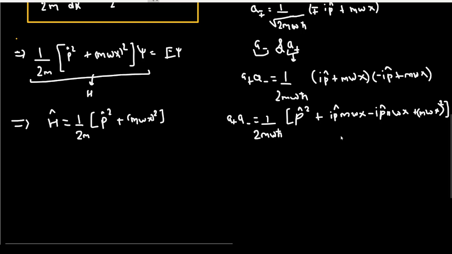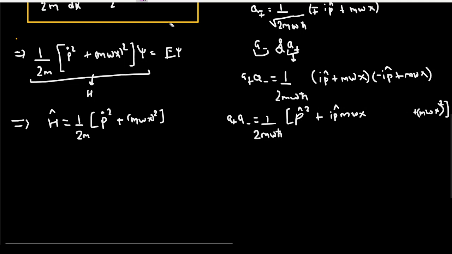So if you think this is plus iota p m omega x, and this is minus iota p m omega x, we could just cut them out here, but no, we can't. Sorry, there is a mistake here. This shows the importance of the order of operators in quantum mechanics.